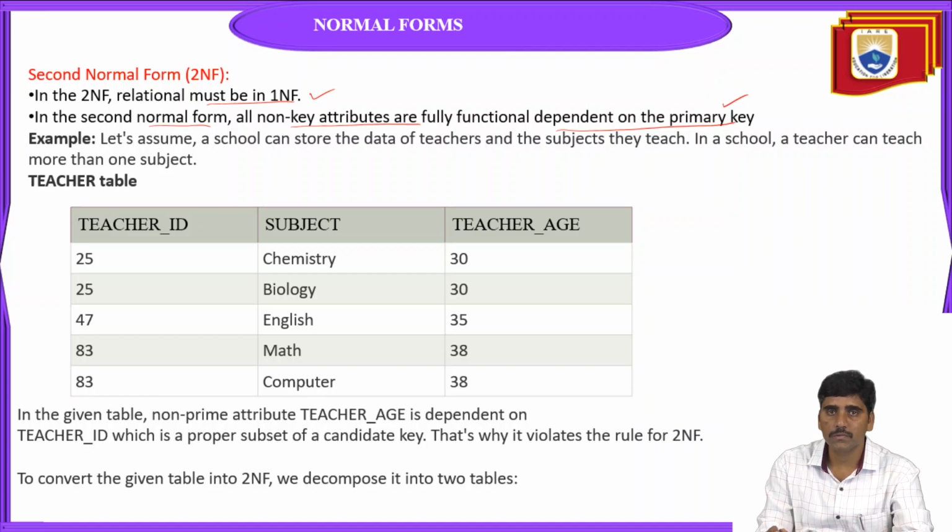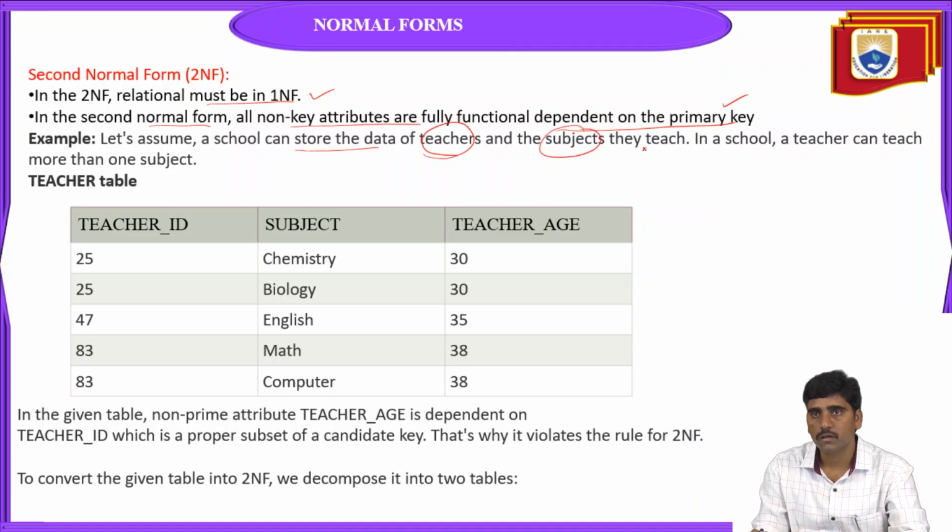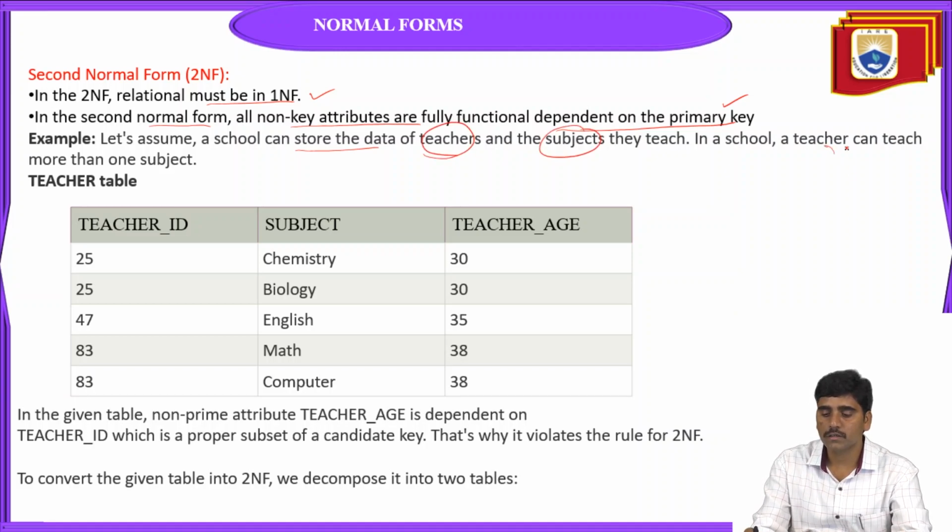Let us assume that a school stores the data of teachers and the subjects they teach. In a school, a teacher can teach more than one subject. So here the teacher table contains teacher ID, teacher subject and teacher age. Teacher ID 25 teaches both chemistry and biology, and similarly other teachers have their subjects.